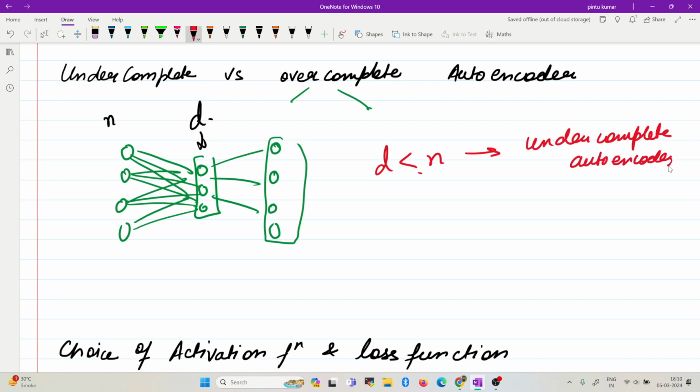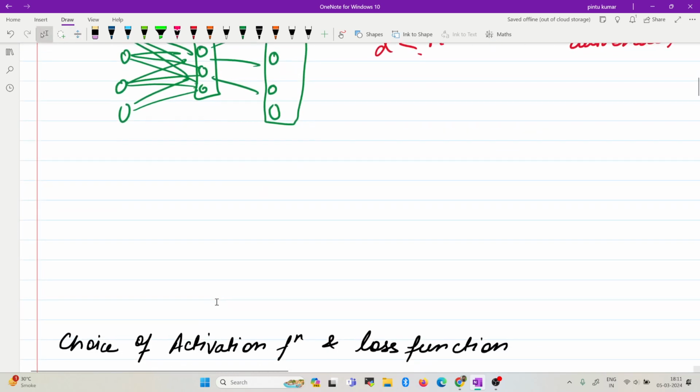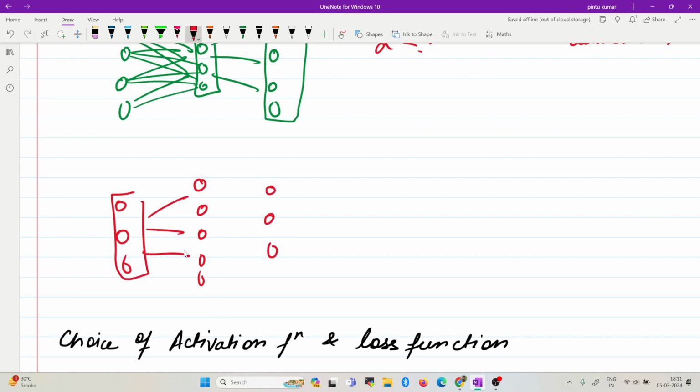And if it is the other way around, then it is known as an overcomplete autoencoder. Let's say you have 3 inputs, and in the hidden feature you obtain 5, then you again get back to 3 outputs. There is some connection from here to here, then from here to here.